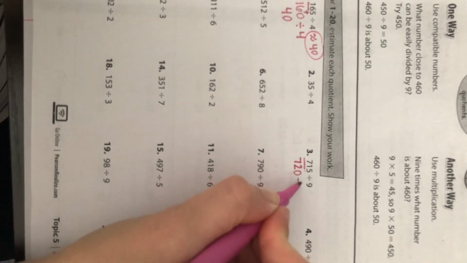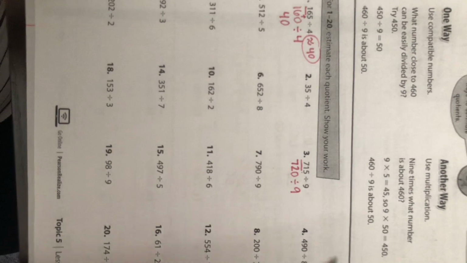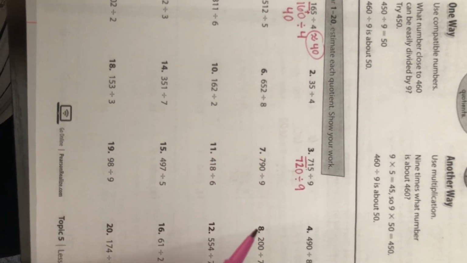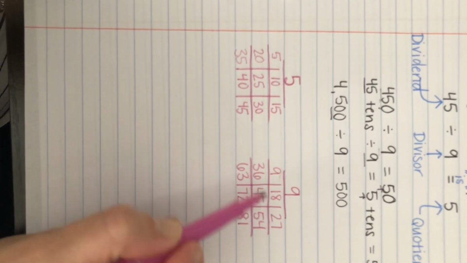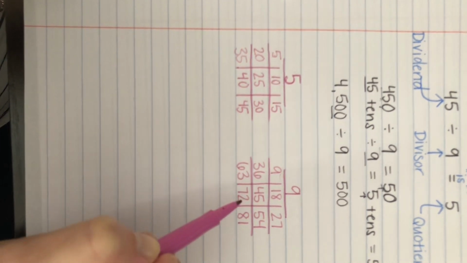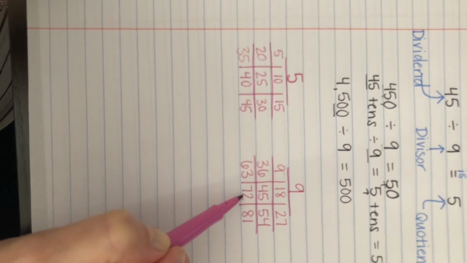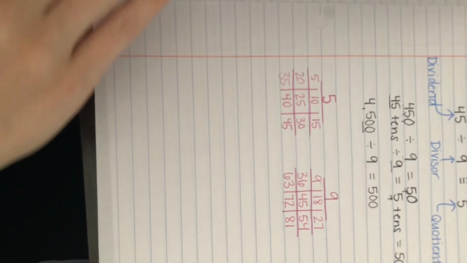So now we're ready to use our mental math strategies from 5-1 to solve 720 divided by 9. Since we used our 72, we know that 72 is the 1, 2, 3, 4, 5, 6, 7, 8th multiple of 9. So 9 times 8 equals 72.